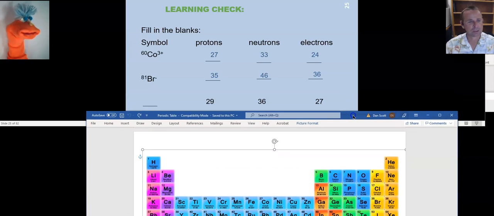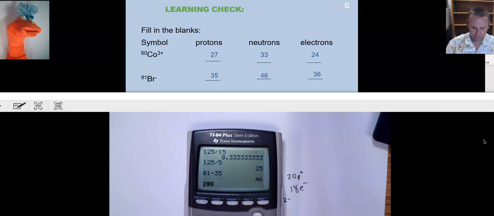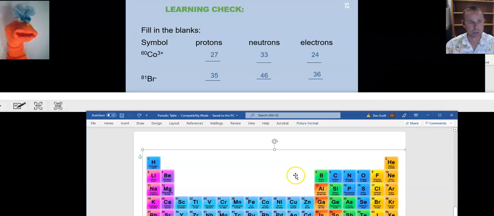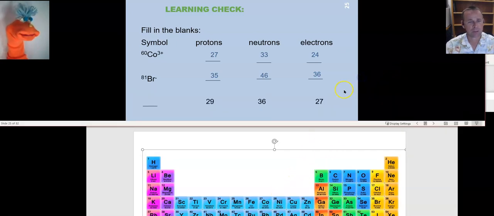And then it has 36 neutrons, so the 29 plus the 36 would give us the mass number. So it's copper 65. Yeah, that's right, and we did that one before. Now the number of electrons is 27. That means it's 2 more protons, plus 2. So copper 65 with a plus 2 charge. Very good. Fabulous work.